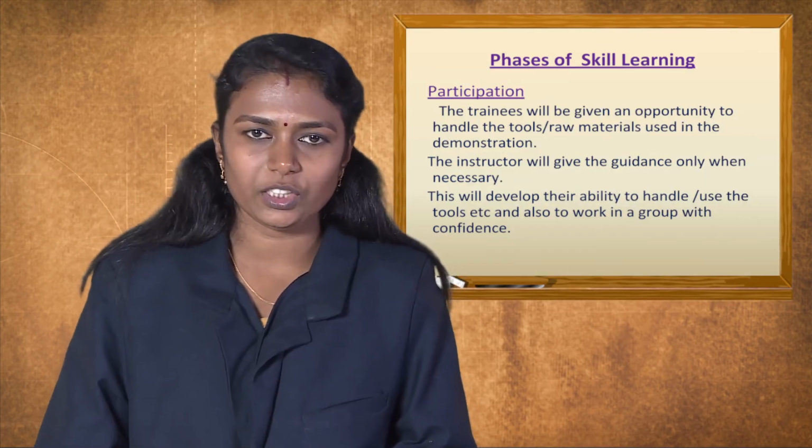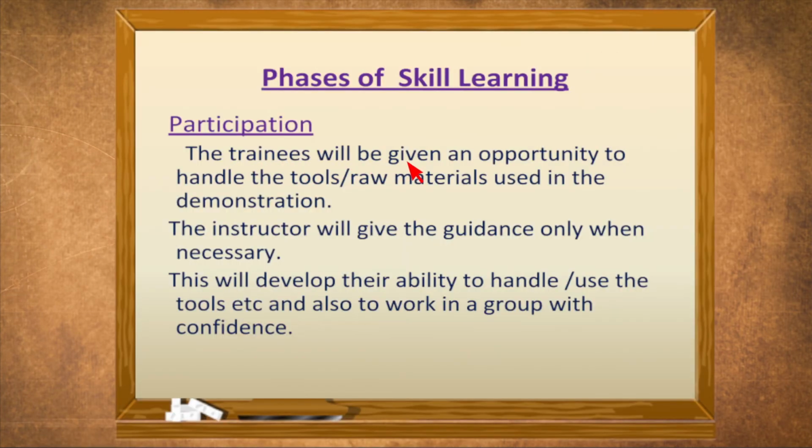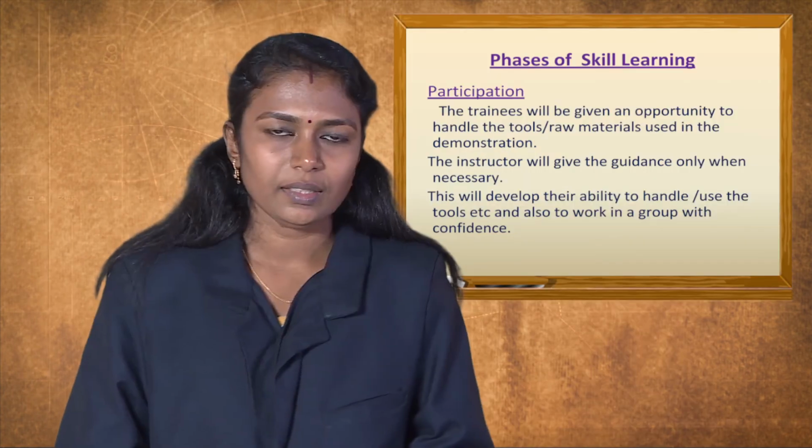Next, participation. The trainees will be given an opportunity to handle the tools or raw materials used in the demonstration. The instructor will give guidance only when necessary. This will develop their ability to handle or use the tools, and also to work in a group with confidence.